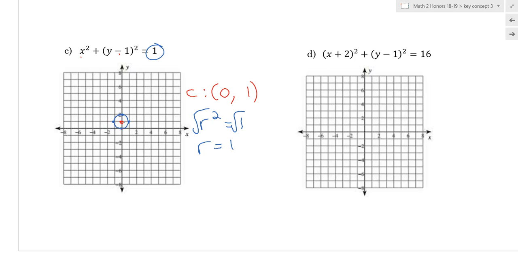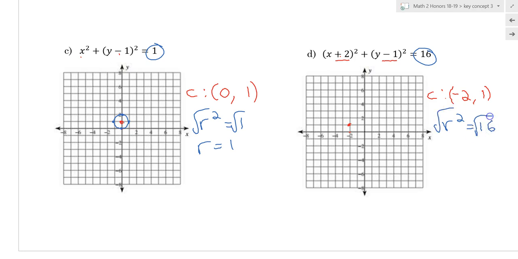Finally, D, (x + 2) squared plus (y - 1) squared. I have my center, change the sign, positive 2 becomes negative 2, negative 1 becomes positive 1. So I have negative 2, up 1. Then for the radius, we're using that 16 is r squared.